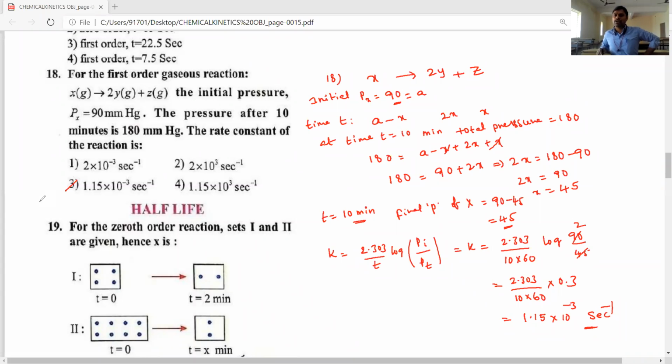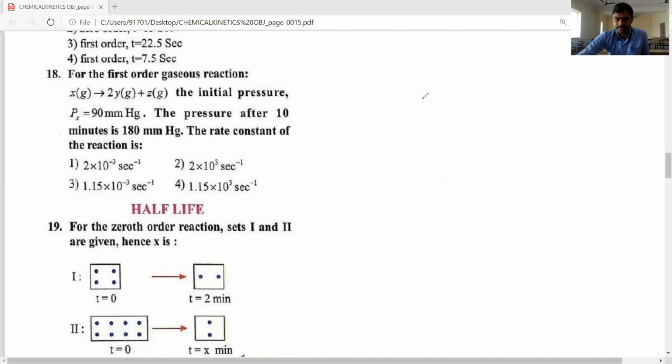Then x is equal to 45, so 45 mm of Hg pressure is decreased for the reactant. Now the final pressure of the reactant is 90 minus 45, equal to 45. Then the answer is 1.15 into 10 to the power of minus 3.